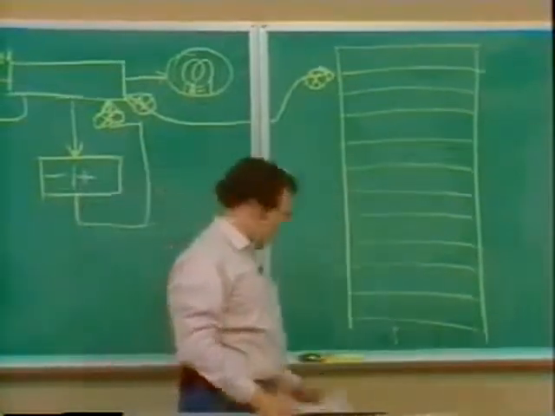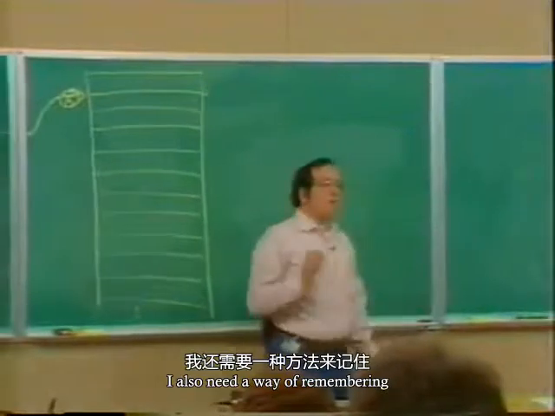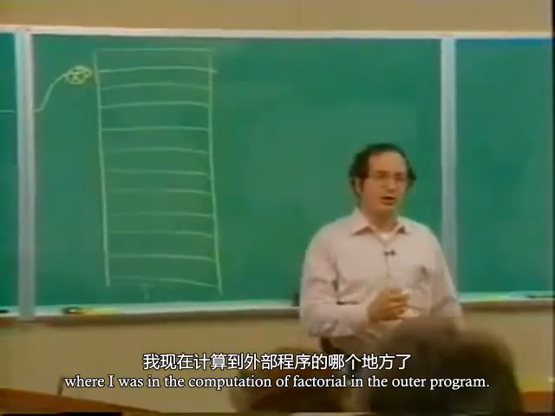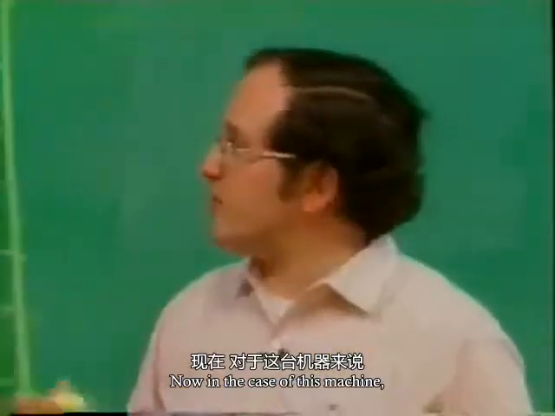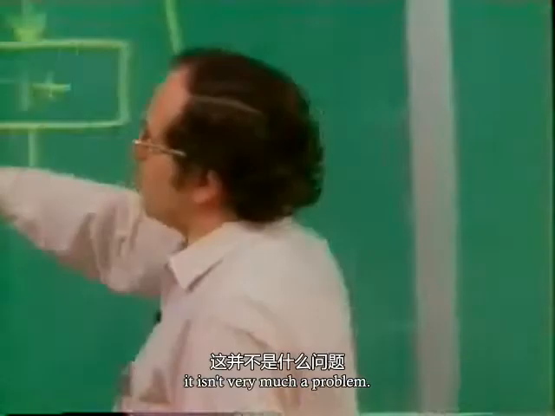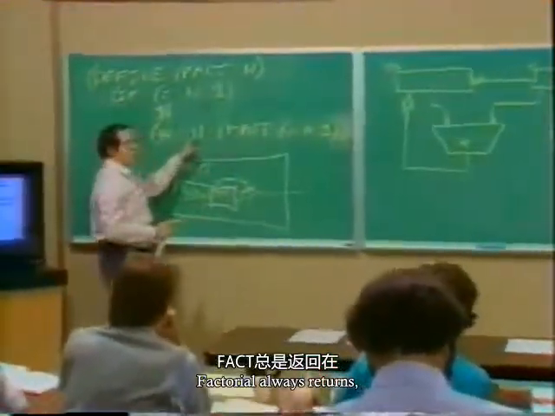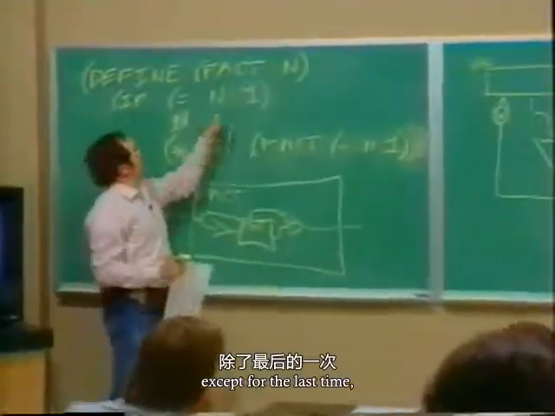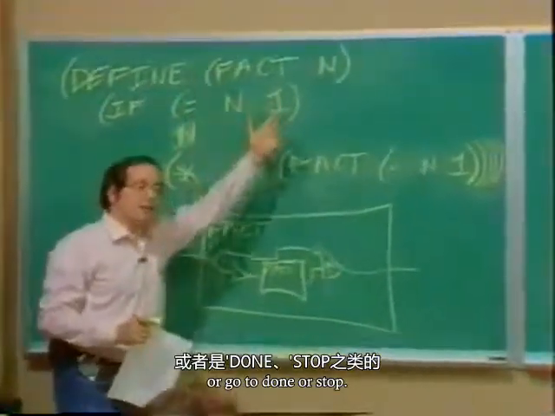This is the stack. I also need a way of remembering where I was in the computation of factorial in the outer program. Now, in the case of this machine, it isn't very much a problem. Factorial always returns to the place where we multiply by n, except for the last time, when it has to return to whoever needs the factorial, or go to done or stop.